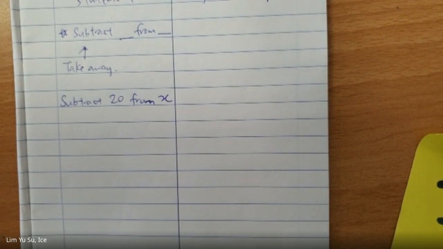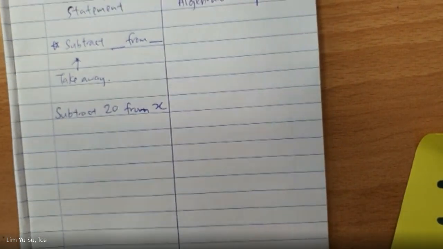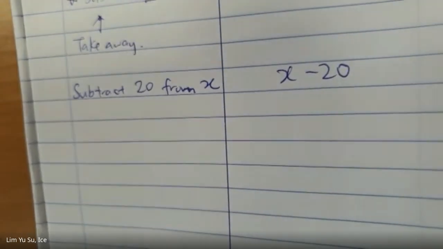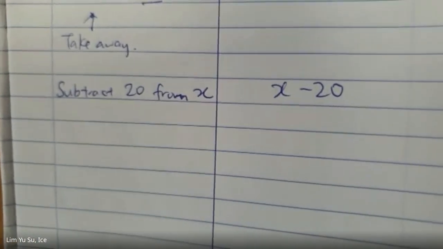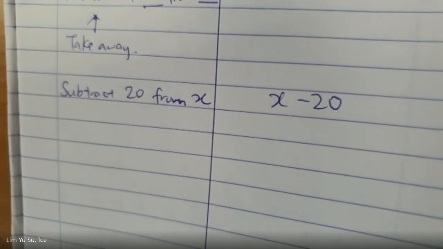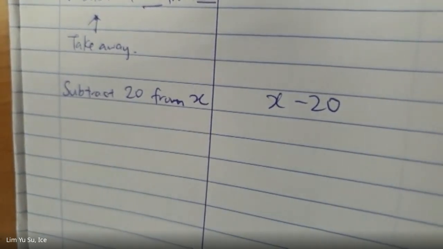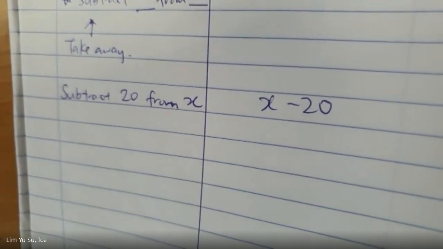So what is the expression? X minus 20. So what's left in the box? What's left in the box is X minus 20 left. Is that okay?